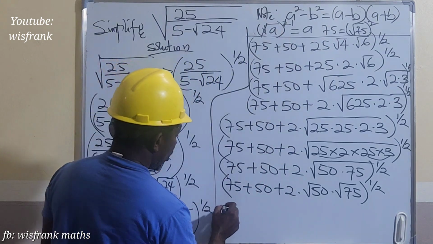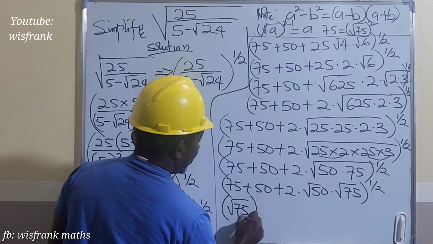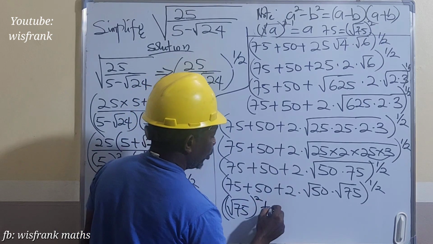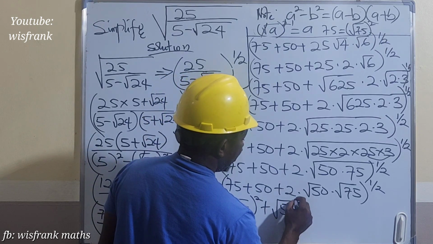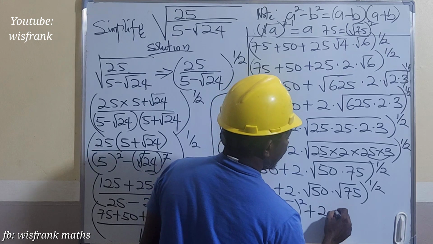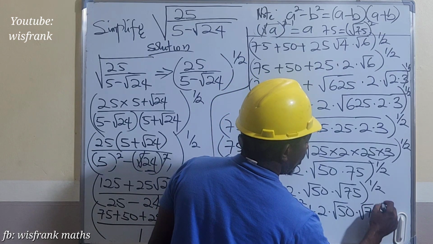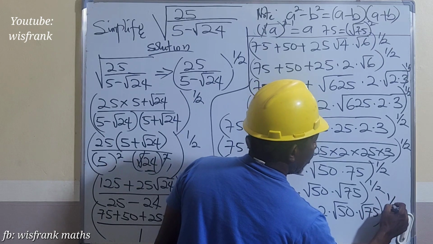So this is square root of 75 all to the power of 2 plus square root of 50 to the power of 2 plus 2 times square root of 50 times square root of 75, all to the power of 1 over 2.